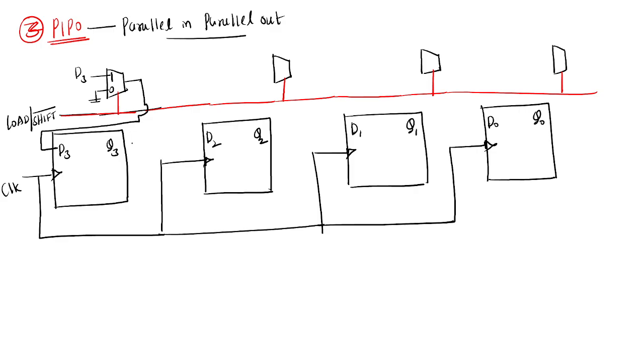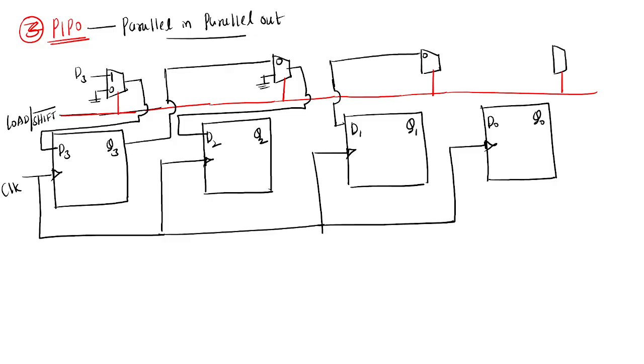Q3 is given to the 0 pin of the next mux, and its I1 pin is connected to ground, and this output is given to D2. Here also D1 is given to the 0th pin, I0, and I1 is connected to ground.